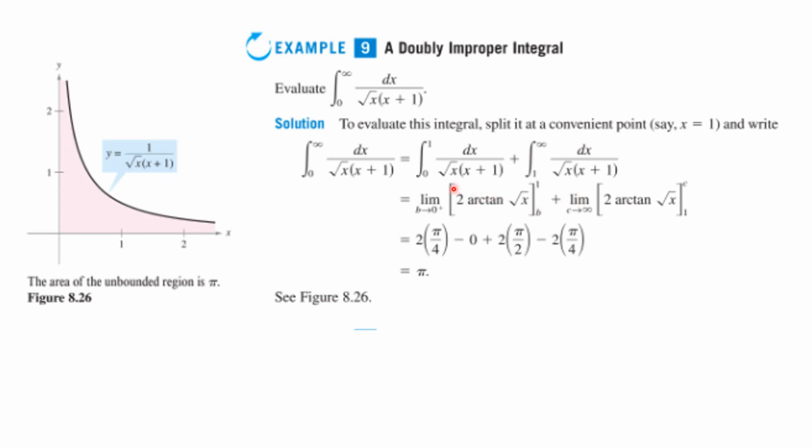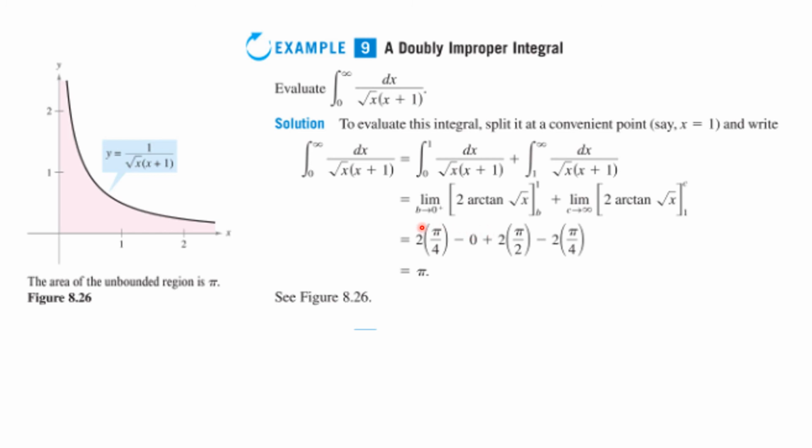You're going to let u equal the square root of x. Now this is going to be the square root of x whole squared plus 1. And if you let the square root of x be u, then this is u squared plus 1, and this becomes du. So you see this really is an arctangent in both cases.